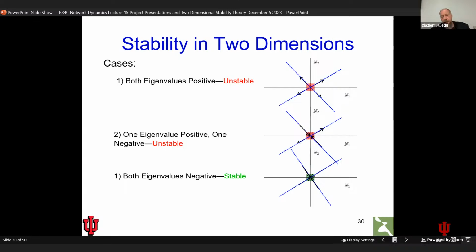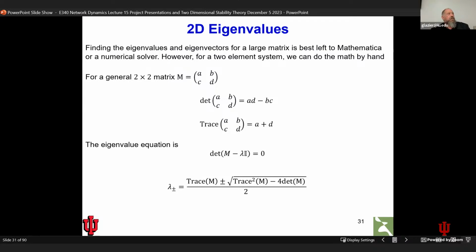One result of this is that as you go to higher and higher dimensions, you have more and more possibility of instability, because if any eigenvalue is positive, you're unstable, and if you have n dimensions, you have n eigenvalues. And so it's an and. If you want stability, you need A and B and C and D all to be negative. If any of them are positive, it's unstable.